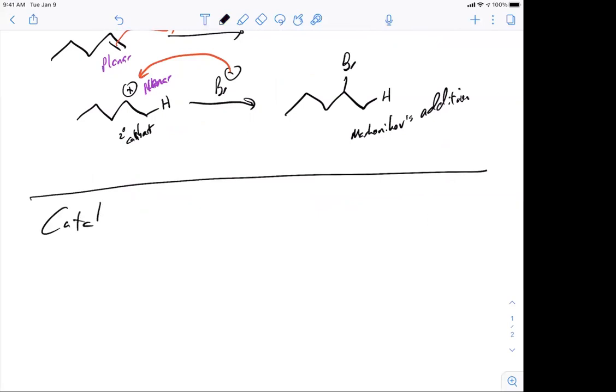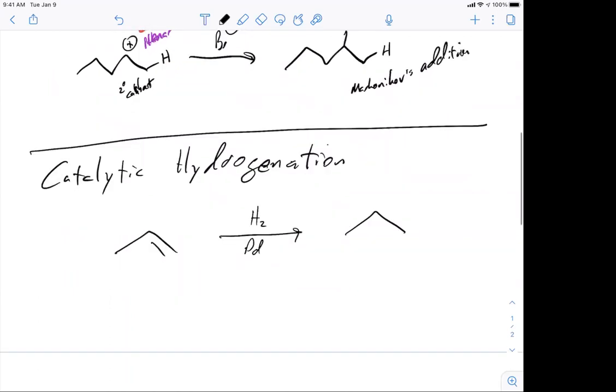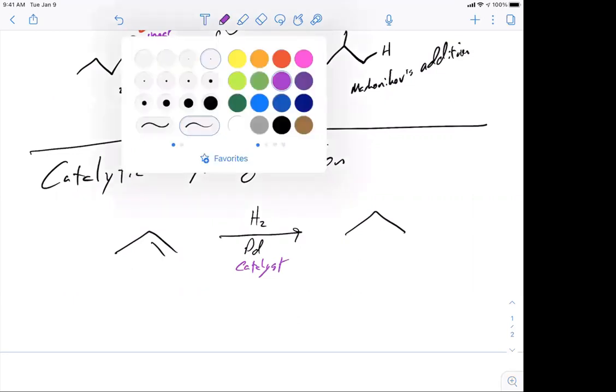So catalytic hydrogenation is the next section. And here we have the catalyst. We have several hydrogenation catalysts.